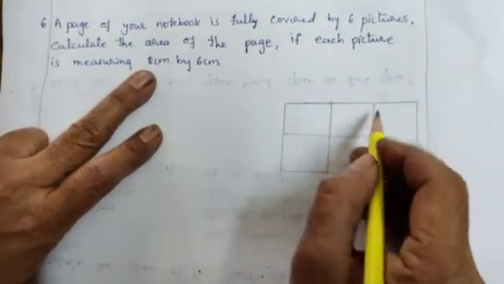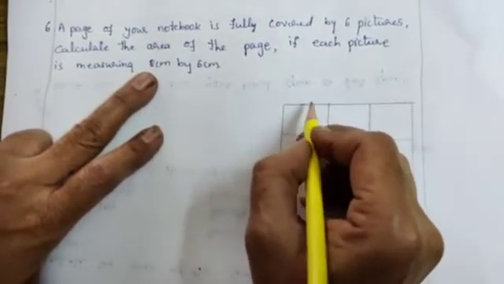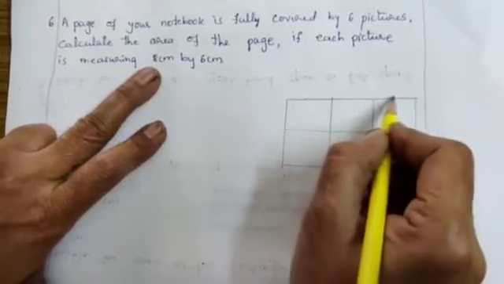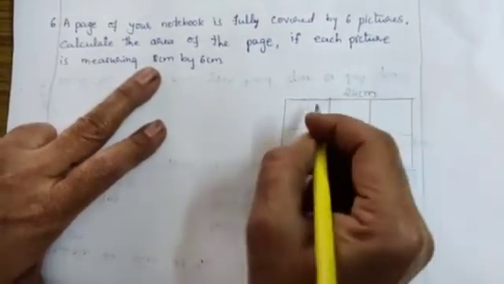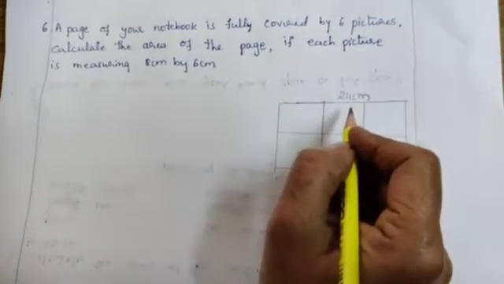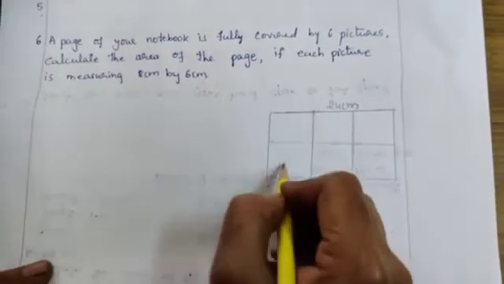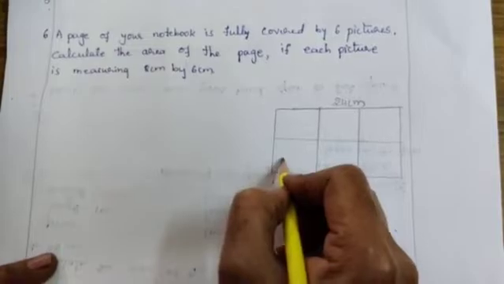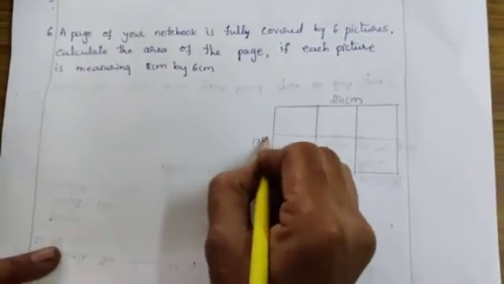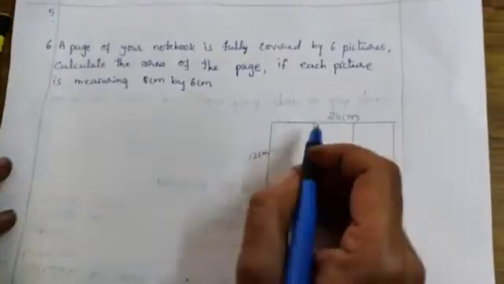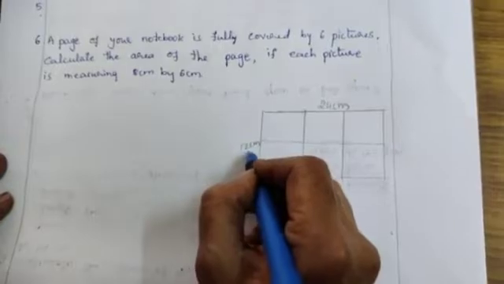Each picture is how many centimeters? 8 cm. That means 8 cm, 8 cm, 8 cm. 8 threes are 24 centimeters. 3 pictures is 24 centimeter. Here like this breadth is 6 centimeter. That means 6 plus 6 is 12 centimeter. That means here length is 24 centimeter, breadth is 12 centimeter.